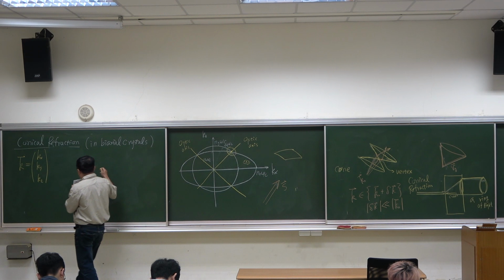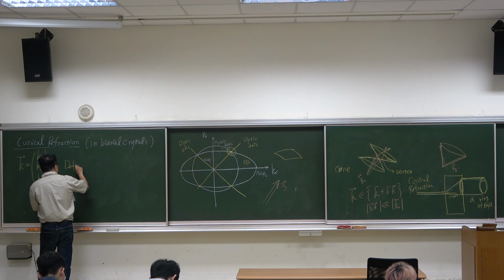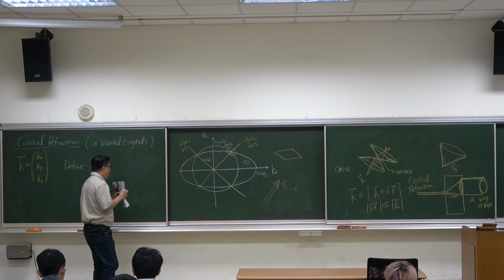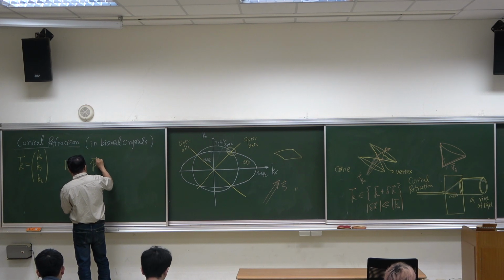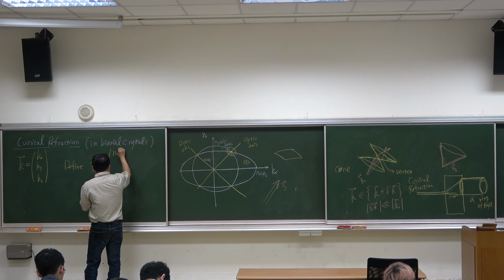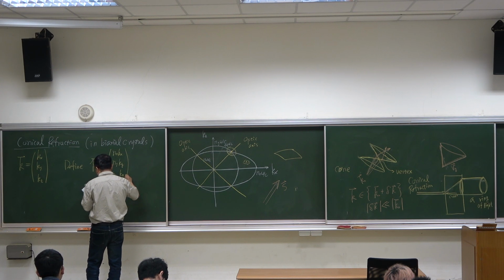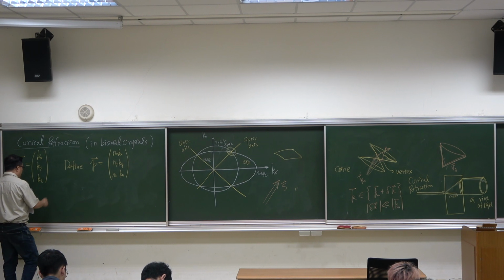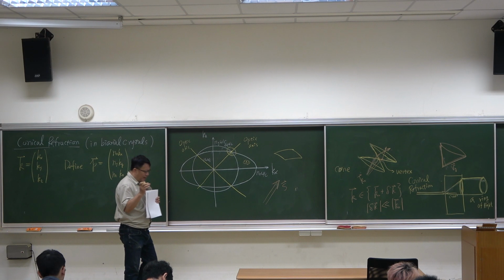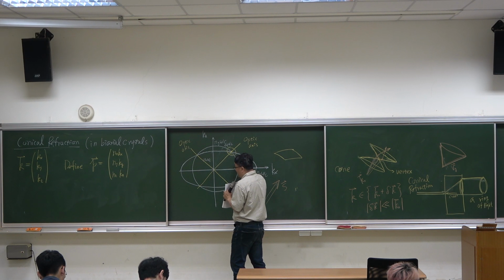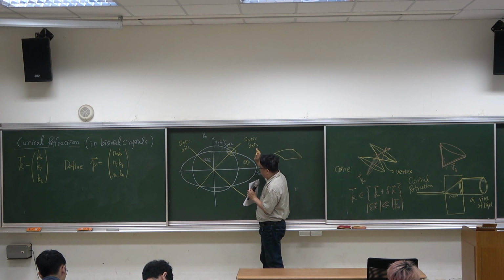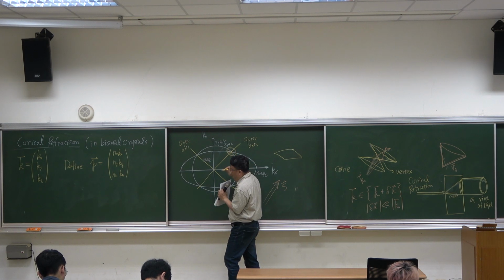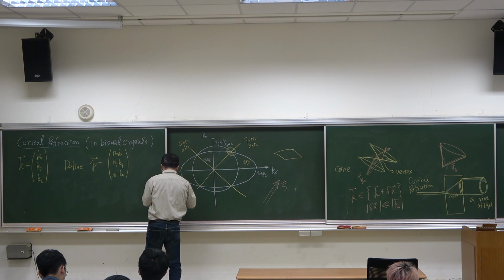Now, for the convenience of calculation, I define a new vector called P. P is nx kx, ny ky, and nz kz. So now I want to derive an equation of normal surface, and I want to see locally the behavior close to this specific direction.